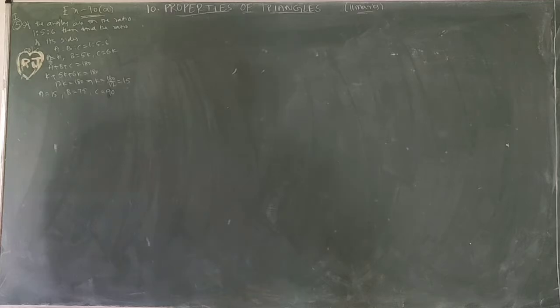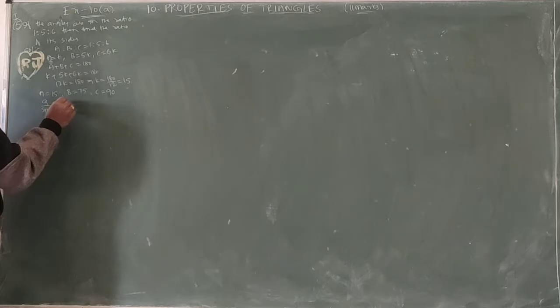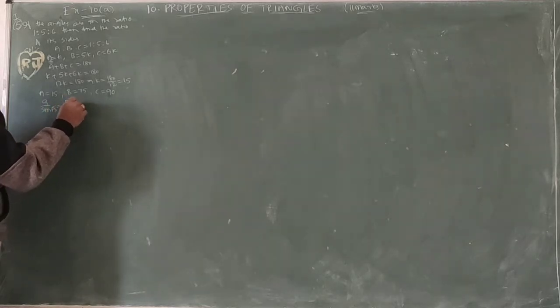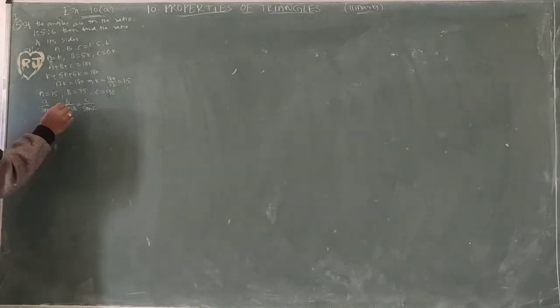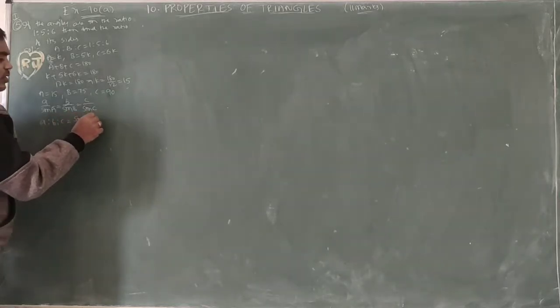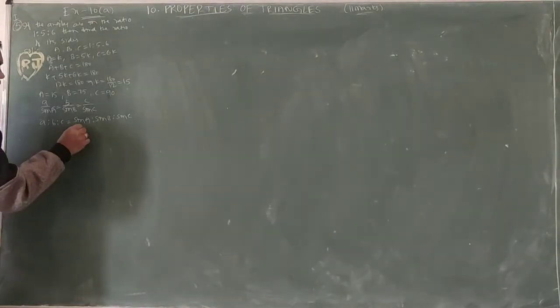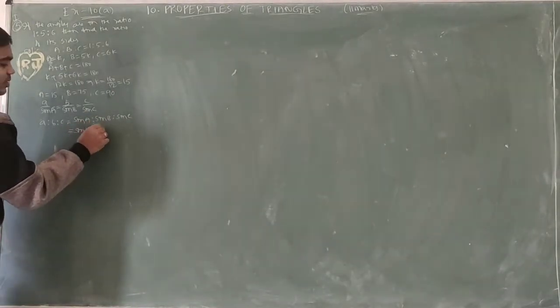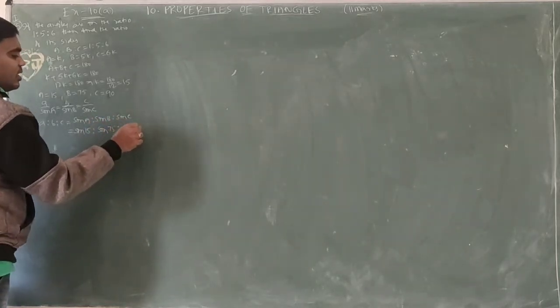By the sine rule, a by sin A equal to b by sin B, which is equal to c by sin C. So a is to b is to c equal to sin A is to sin B is to sin C. So sin 15 is to sin 75 is to sin 90.